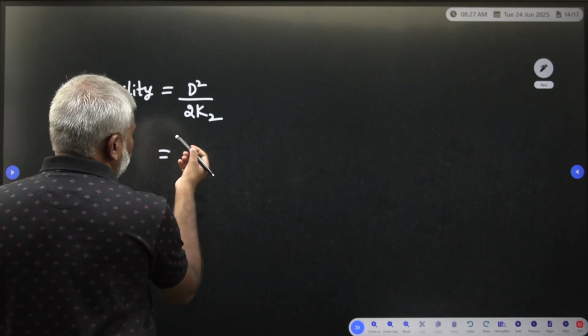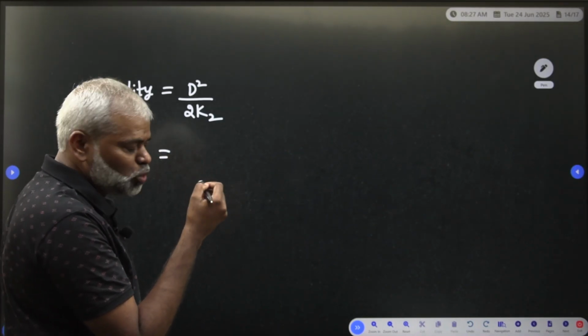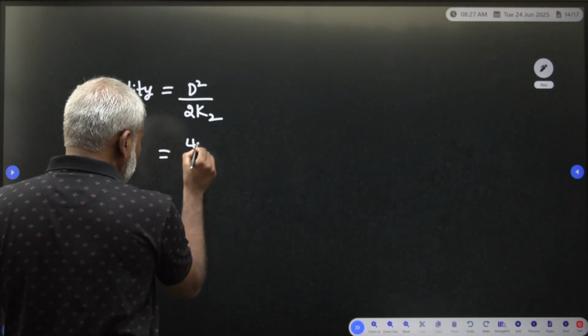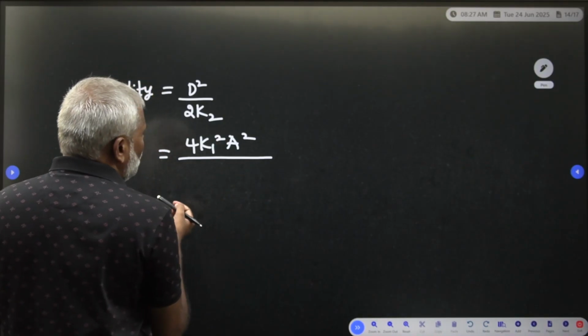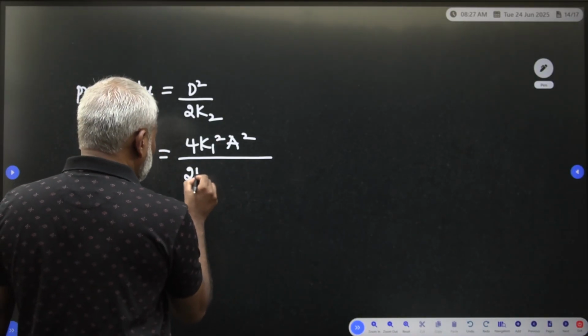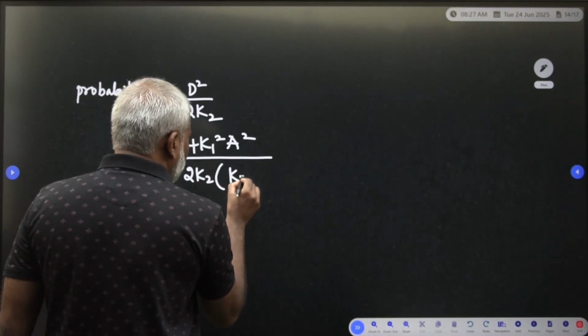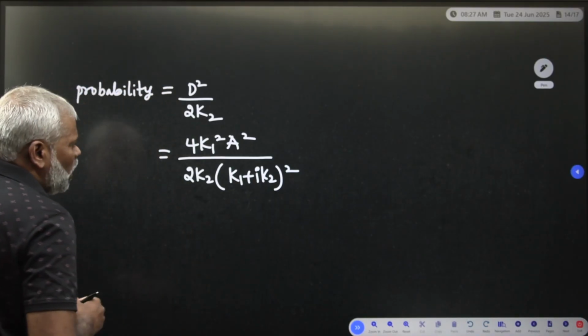Your D squared is 4 k1 squared a squared, divided by 2k2 times modulus of (k1 + i k2) whole squared. This is the value you are going to get.